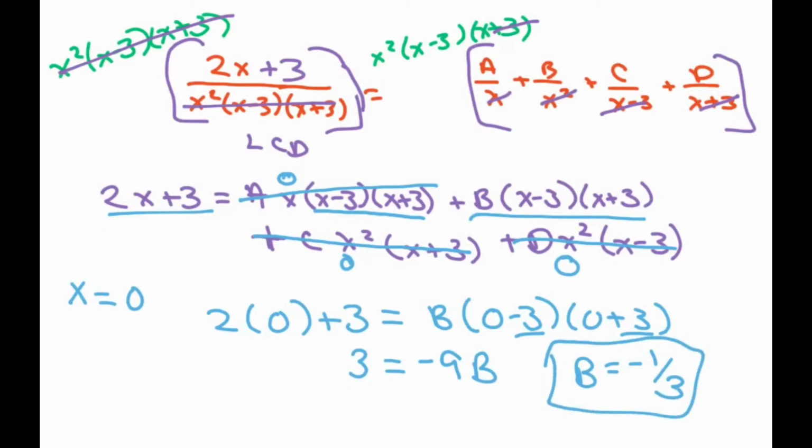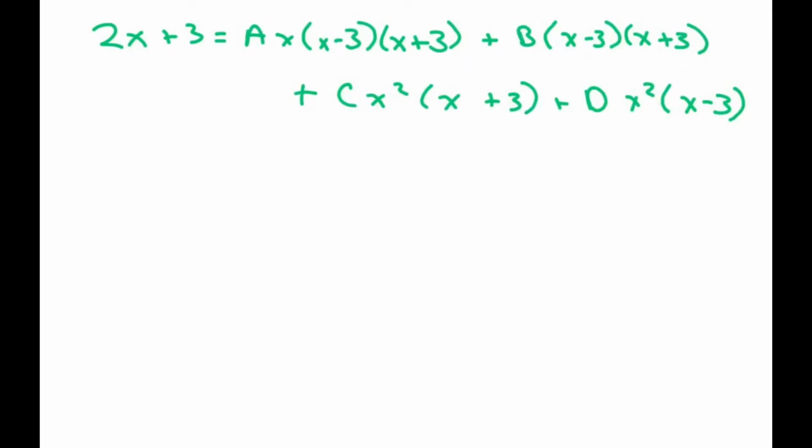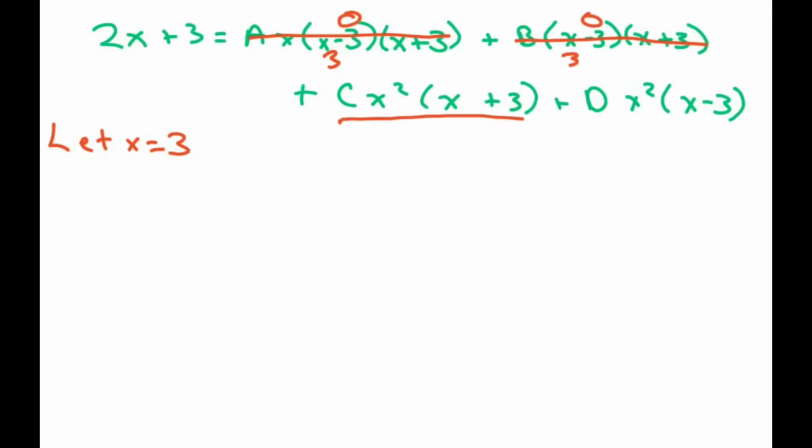All right, the next thing we're going to do is let x equal 3. If you let x equal 3, this will cancel out because 3 minus 3 is 0. The C won't cancel out, but this one will, so we're just going to deal with these two right here.